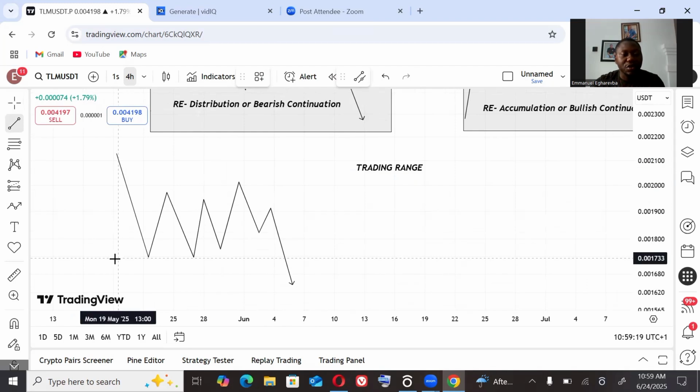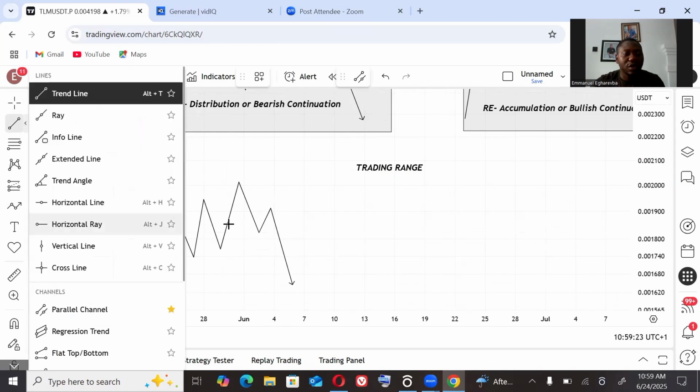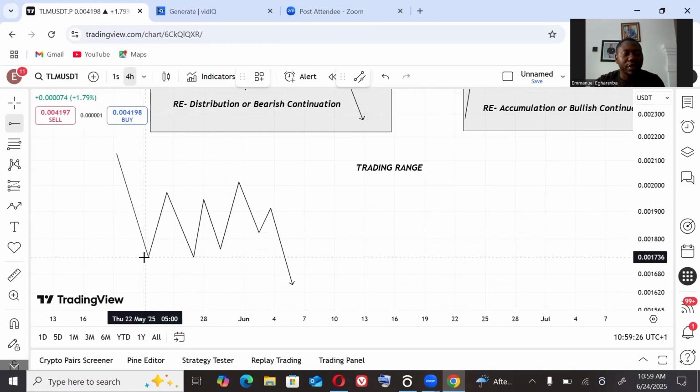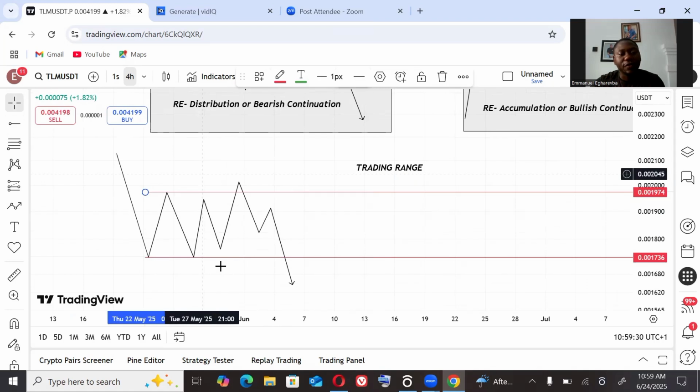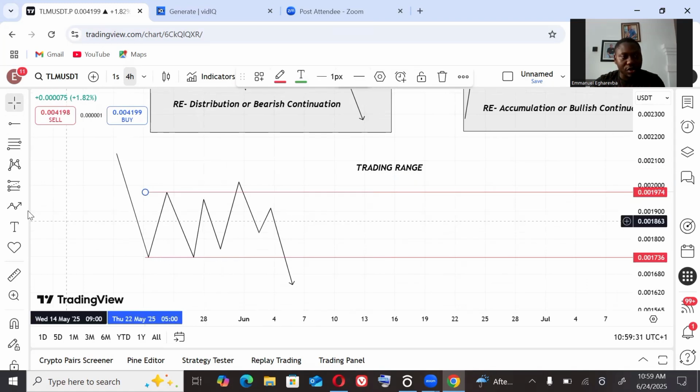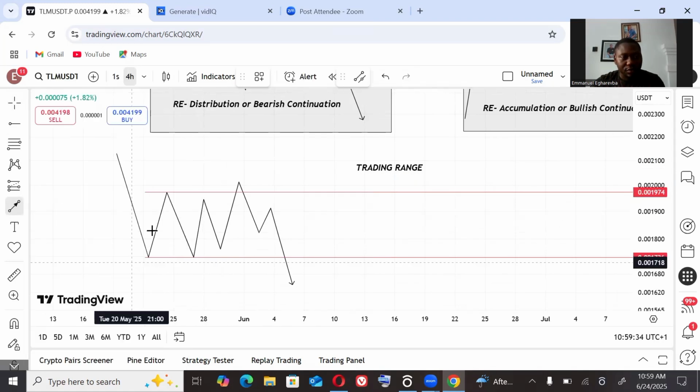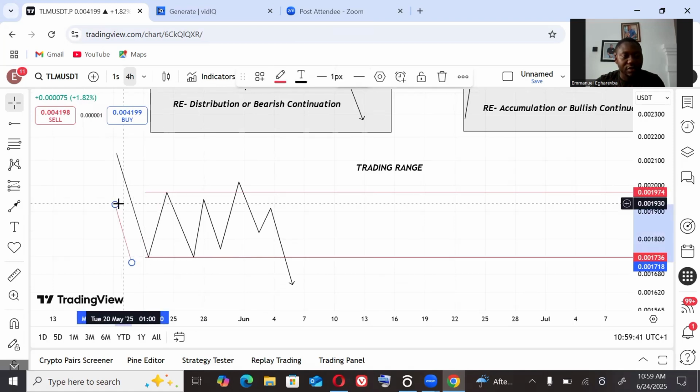You can just come to TradingView, click on horizontal ray, and put it on the tip here. That's your range, then the last retracement before it falls. From here to here, this is your range, guys.